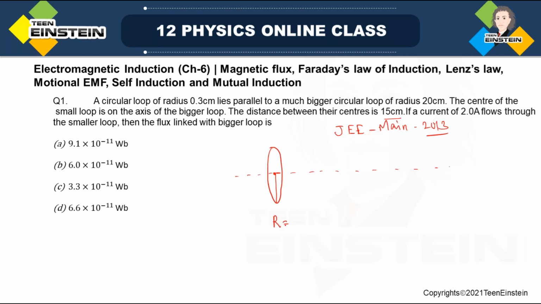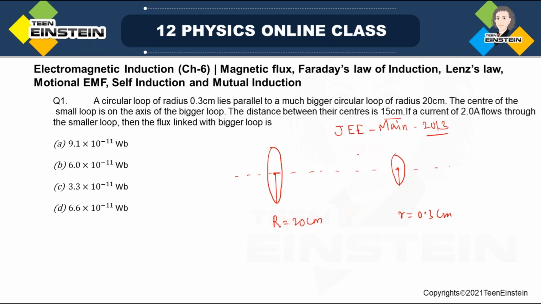Bigger loop has radius capital R, which is 20 centimeter, and there is a smaller loop which has radius small r, say small r is equal to 0.3 centimeter. Now the center of the smaller loop is on the axis of the bigger loop. This is what is the problem.